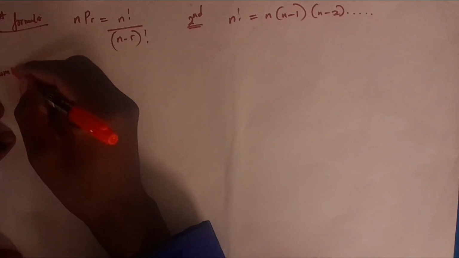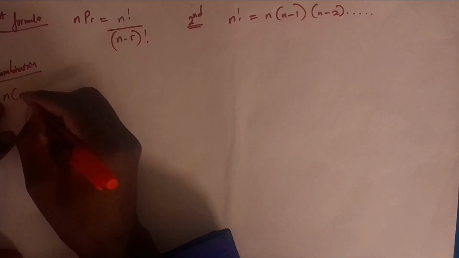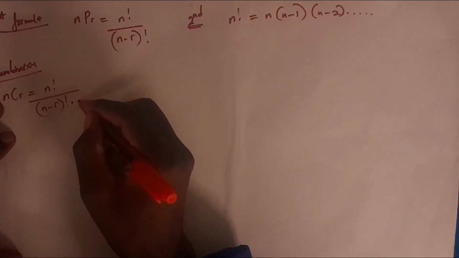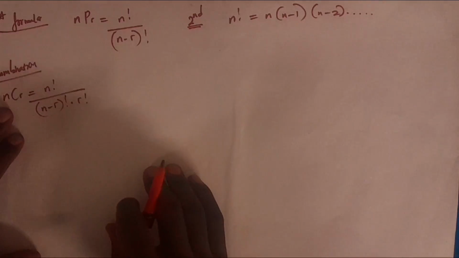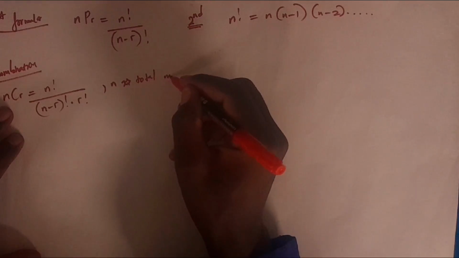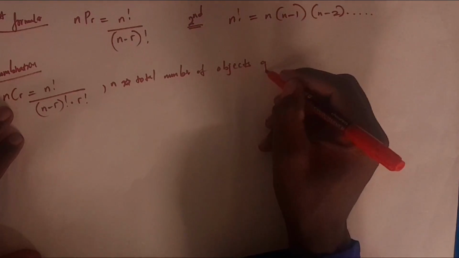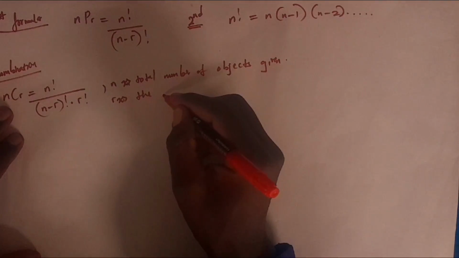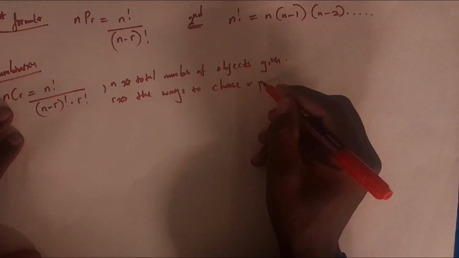For combinations we only have one formula, which says n choose r is equal to n factorial over (n minus r) factorial multiplied by r factorial, where n is the total number of objects given and r is the ways to choose or pick.